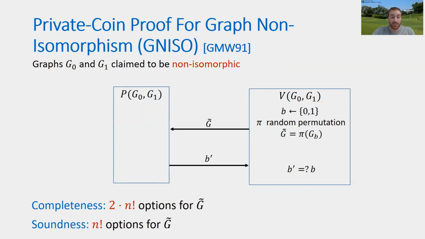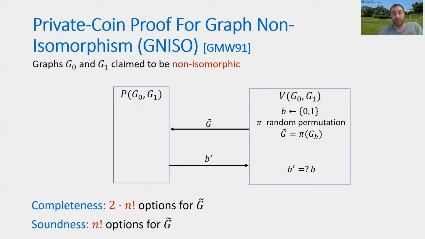So notice that in completeness, if the graphs are indeed non-isomorphic, then G tilde has 2 times n factorial options because each isomorphism set of each of the graphs are distinct, and these are all the 2 times n factorial options. On the other hand, if they are isomorphic, there's only one isomorphism set, there's only n factorial options for G tilde.